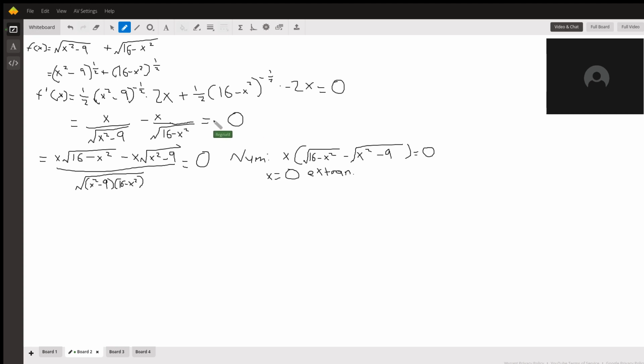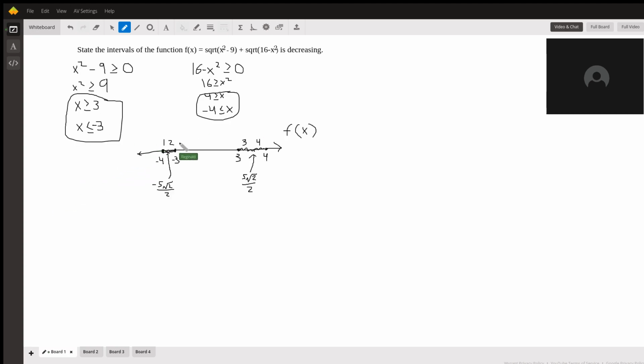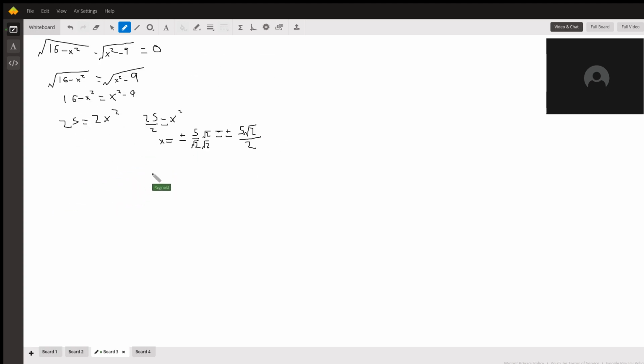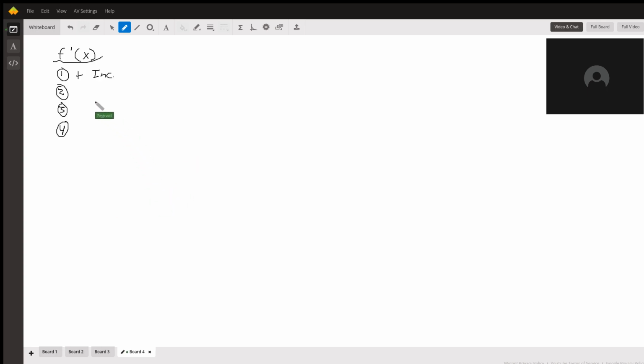Now we get a negative number. So I was right. Interval 2 was negative, so it's decreasing.